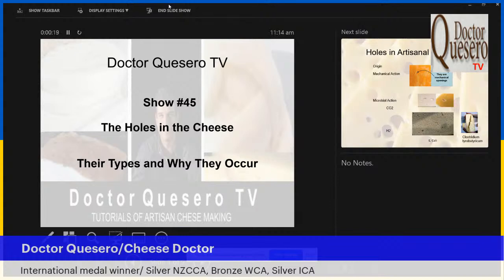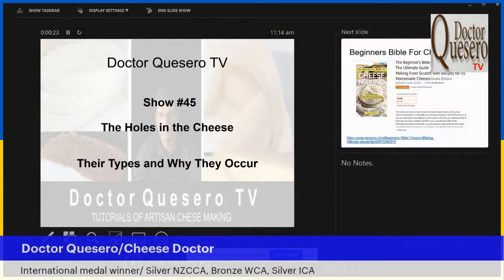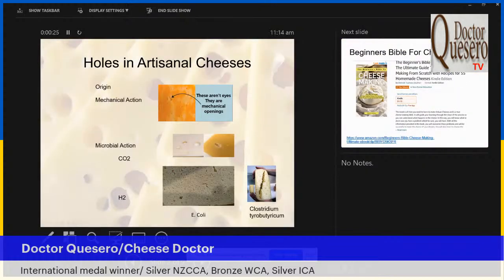Okay, what I want to tell you is that when we make cheese, we can make cheese in three ways. Let's focus on the first one. When we are making cheese and we cut our curd, we have to get the right texture of the curd.